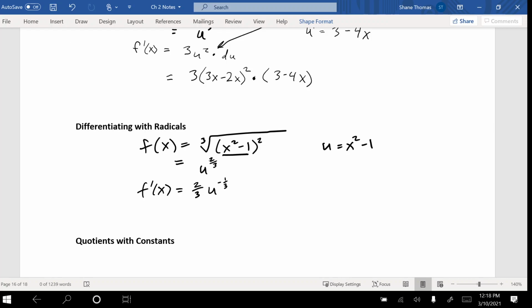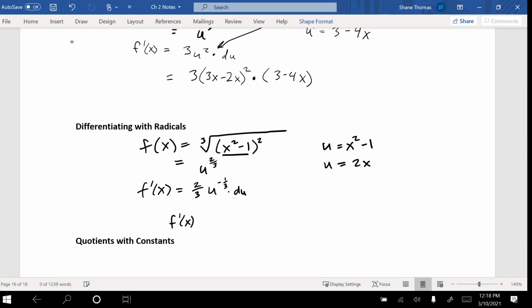Yep. 2/3 minus 1 would be negative 1/3. All right, and then put that du on there. So remember to multiply. All right, now let's come over here to u. What's u prime going to be? Just 2x. Good. Okay? Bring it back together now for a final answer.